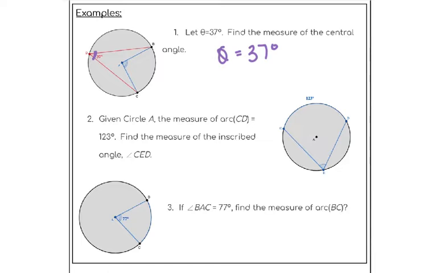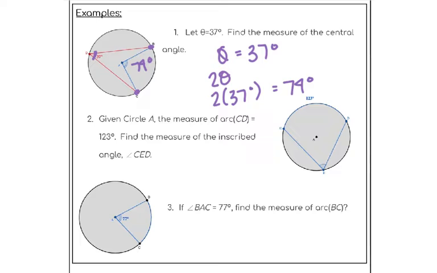Well, we know that they share the same endpoints, B and C. So we know that angle A, the central angle, has to be twice as large as the inscribed angle. So it'll be 2 theta. Well, 2 times 37 degrees is going to give you 74 degrees. So that angle is 74 degrees.